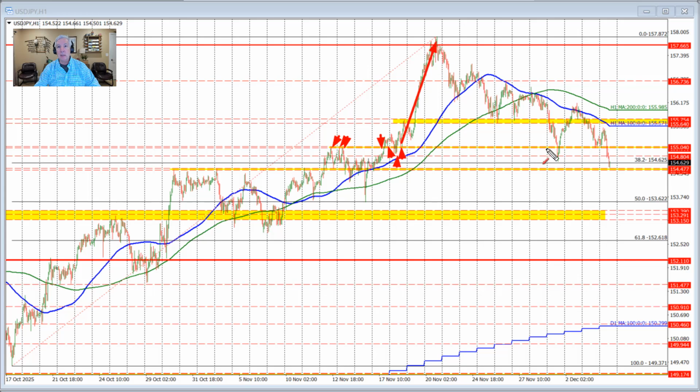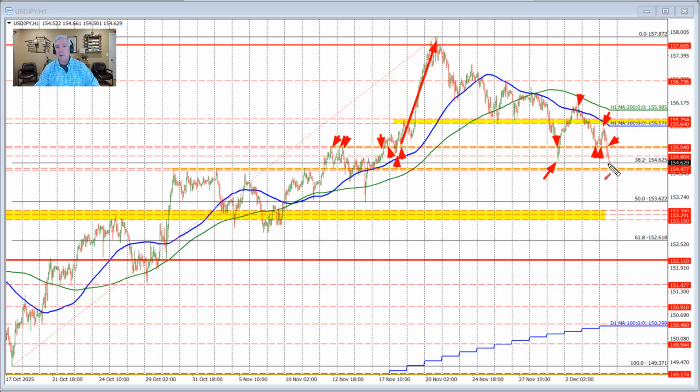That's key, and we came back down toward that level and moved below it on this day right here, on Monday's trade, rotating back down toward the 38.2% retracement. Key bounce off of that level, came back into the 100 and 200, and moved down and found support against that old level. That gave traders the go-ahead to push to the upside in the early Asian session, but we did fall short of the 100-hour moving average, and we fell back below this level right here.